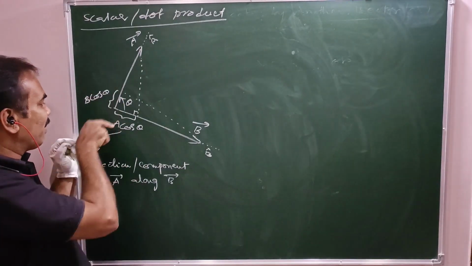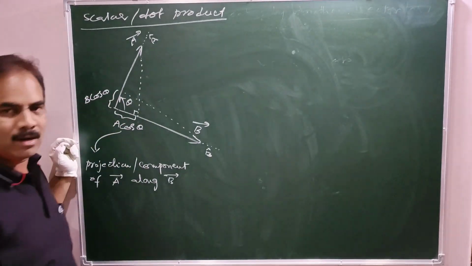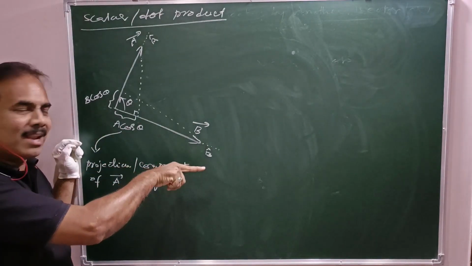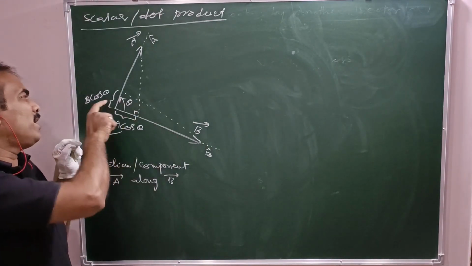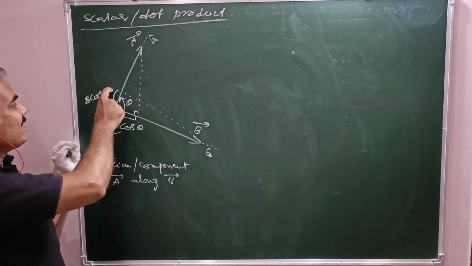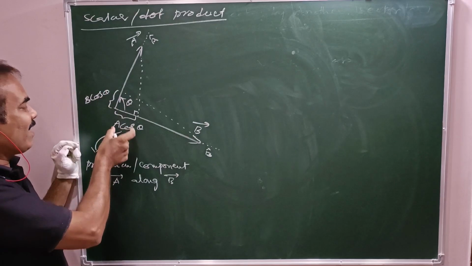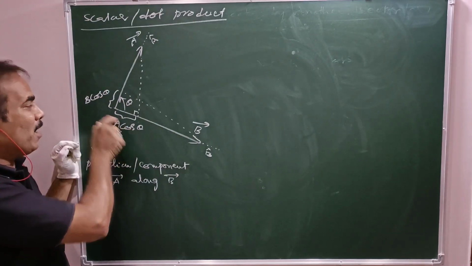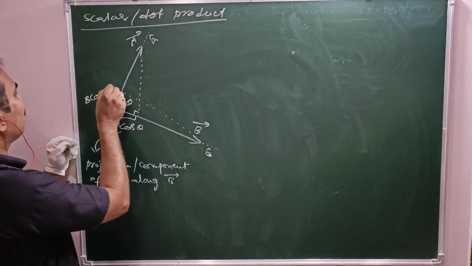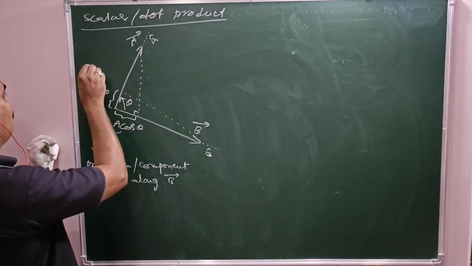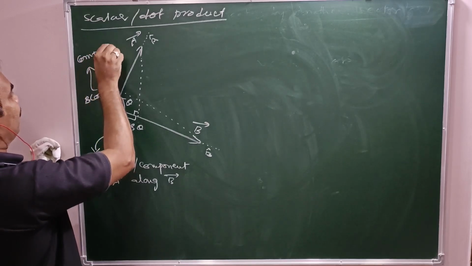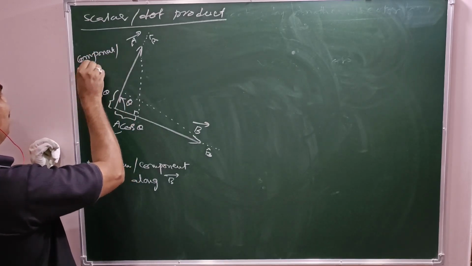Similarly, the component of A bar, A cos theta, along B bar. So A bar finds its component along B bar, and B bar finds its component along A bar. B cos theta is the component of B bar along A bar, and A cos theta is the component of A bar along B bar.